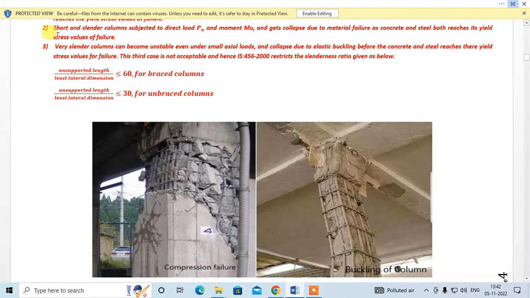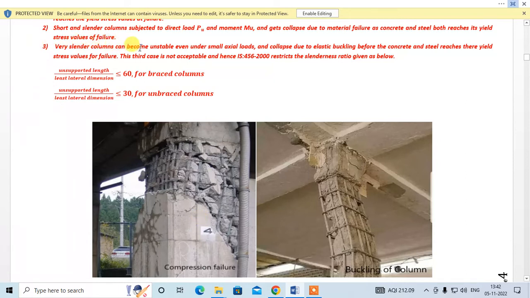A short and slender column subjected to direct load Pu and moment Mu collapses due to material failure as concrete and steel both reach their yield stress value at failure. This is a compression member. If it is a uniaxial or biaxial compression member, then also the failure will be somewhat like this, and it will occur due to the failure of concrete and steel, as they reach their yield stresses.